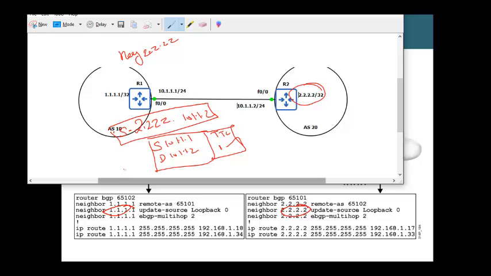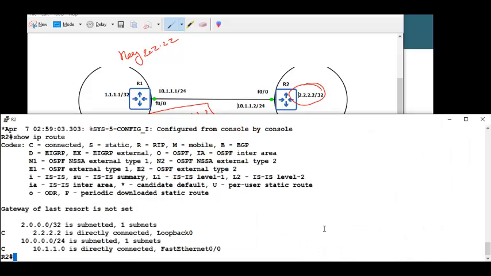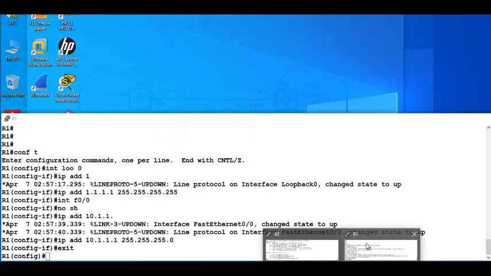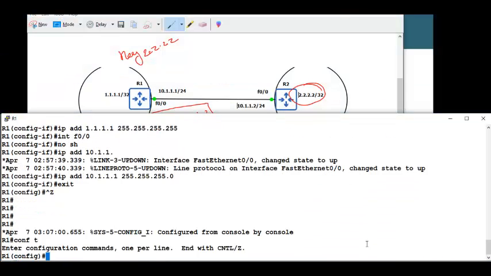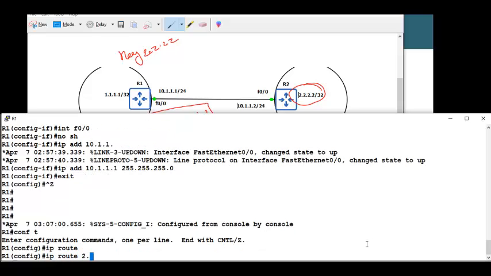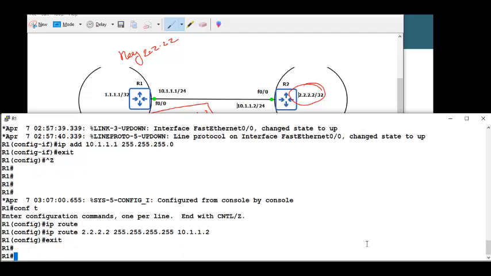When I write the static route, if I want to form a neighbor using loopback, I must write the static route: IP route 2.2.2.2 255.255.255.255, send it to 10.1.1.2. I need to write a static route. See, does the static route show directly connected?